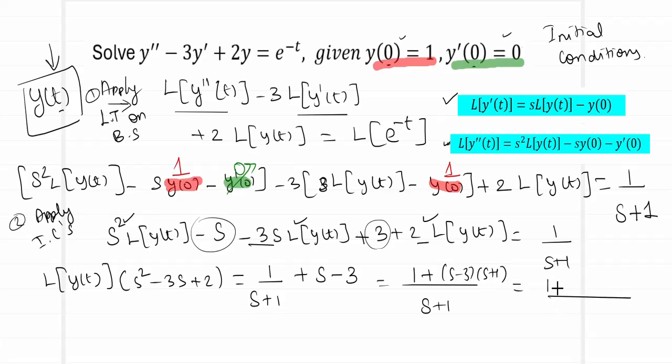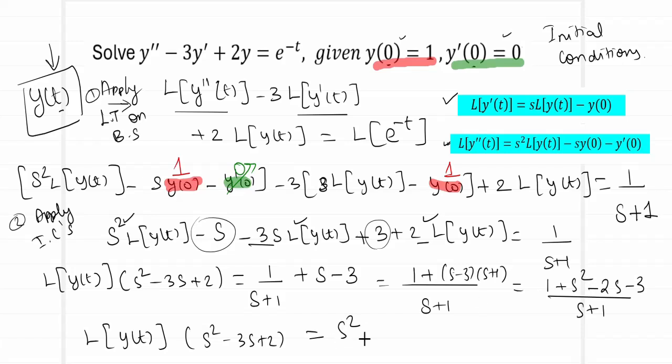Expanded, 1 plus s into s is going to be s square minus 3s plus s makes it minus 2s, and minus 3 into 1 makes it minus 3, divided by s plus 1. So I have Laplace of y of t into s square minus 3s plus 2 to be equal to s square minus 2s, 1 minus 3 is minus 2, divided by s plus 1.